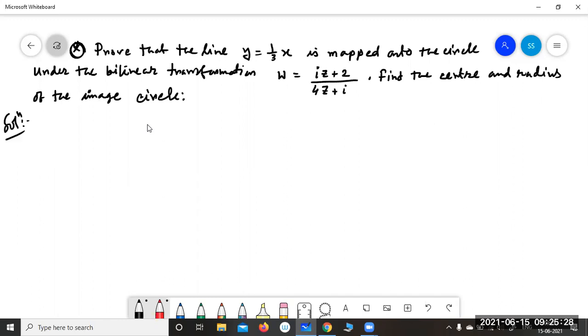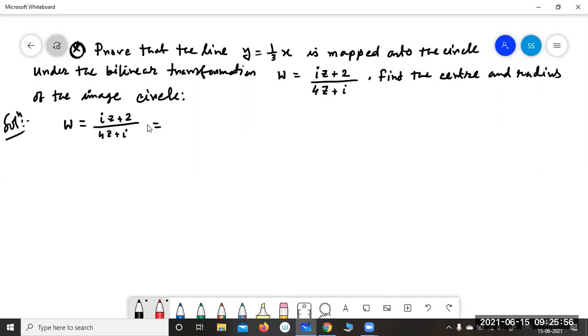Here w is given as (iz + 2)/(4z + i). So from here we have to say that the line is mapped onto the circle under this bilinear transformation, and then we have to find the center and radius. At first we write the bilinear transformation w = (iz + 2)/(4z + i).